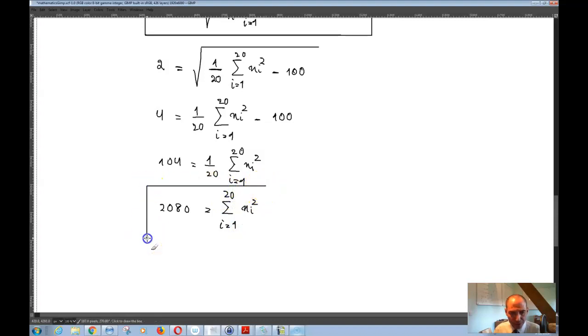So that is something that we can use now in order to calculate the standard deviation.